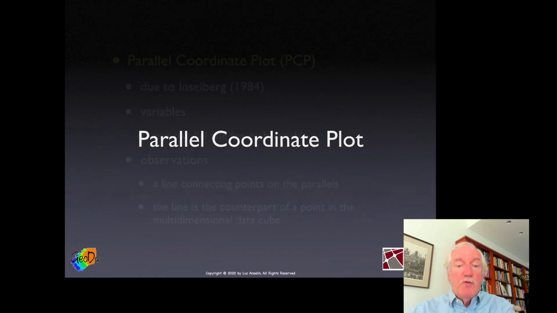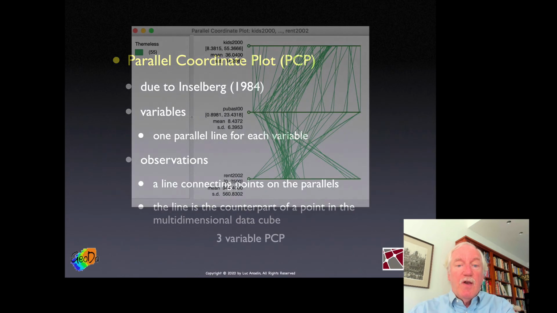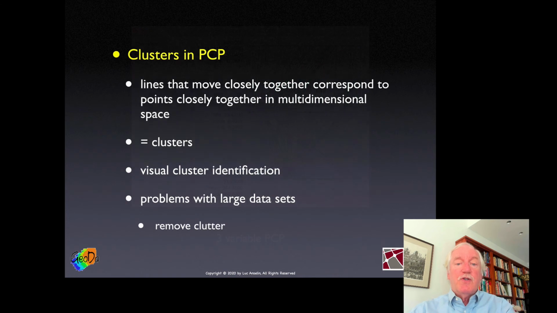So if we go to an observation as a line, then a cluster in a parallel coordinate plot will be lines that are close together. So lines that follow the same path and are close together correspond to points that are close together in multidimensional space.